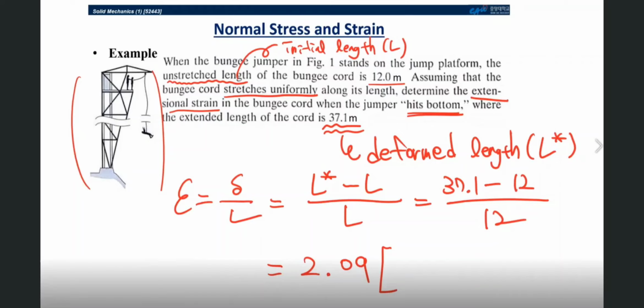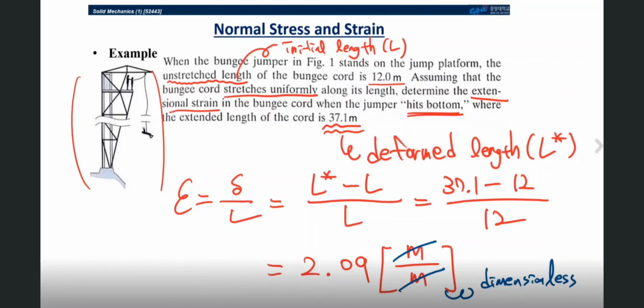We can find that the overall unit can be deleted like this. So this should be again a dimensionless physical quantity, right? This is very simple, but we can remind ourselves of the basic concept of strain through this specific example.